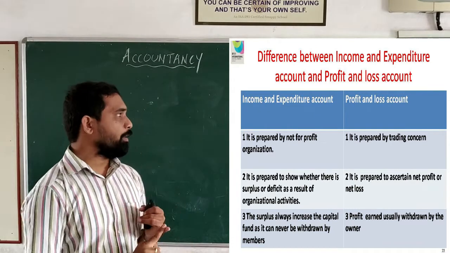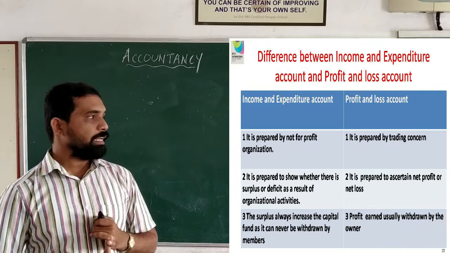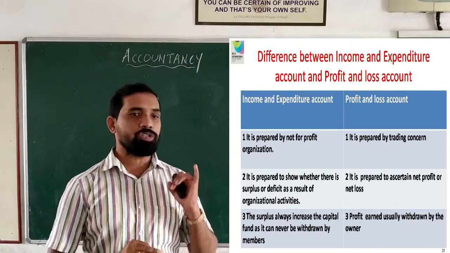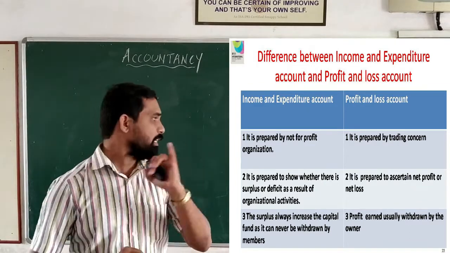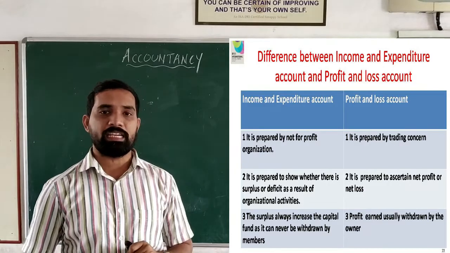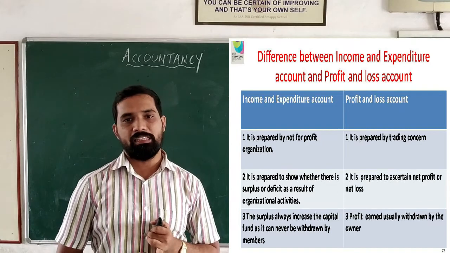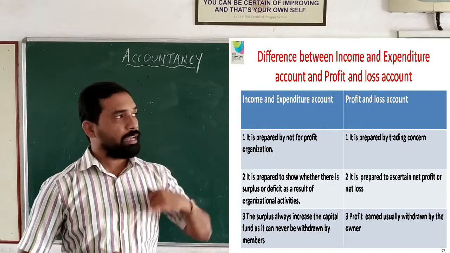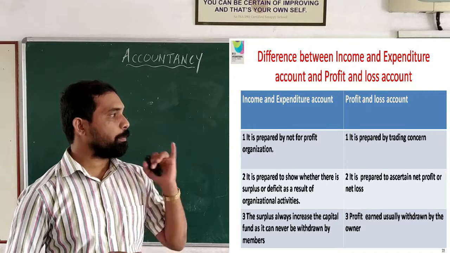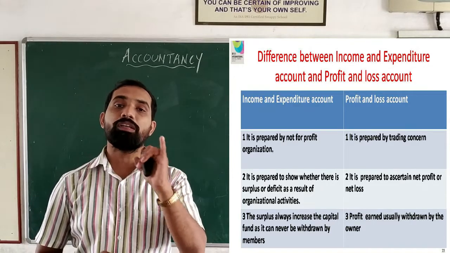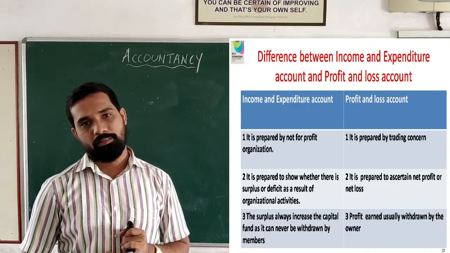And the next point, income and expenditure account is prepared to show whether there is a surplus or deficit as a result of organizational activities. But profit and loss account is prepared to ascertain profit or loss.